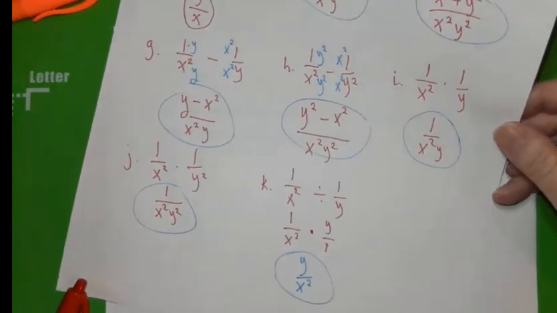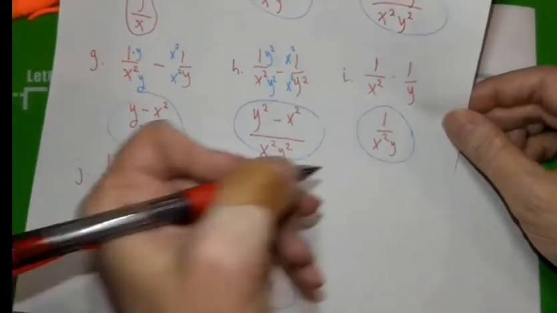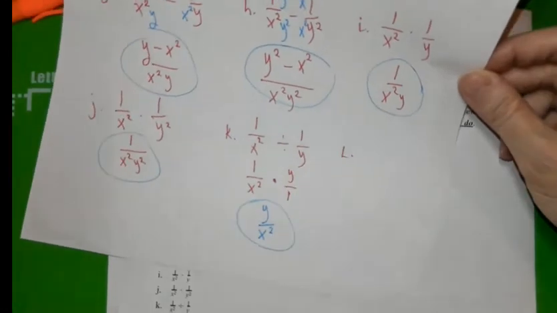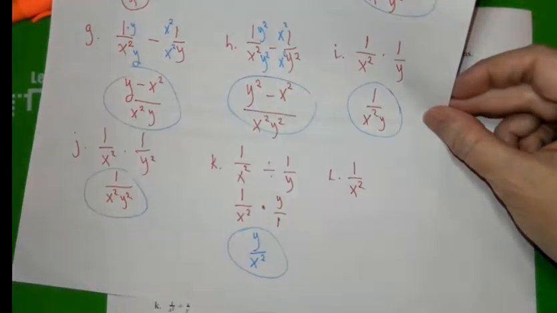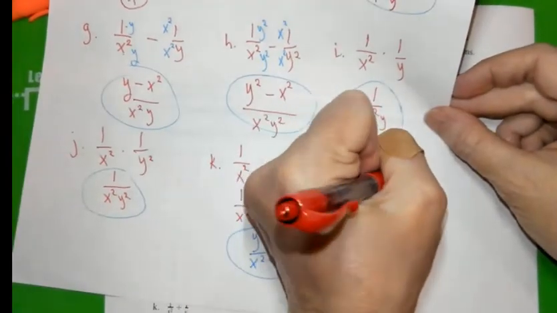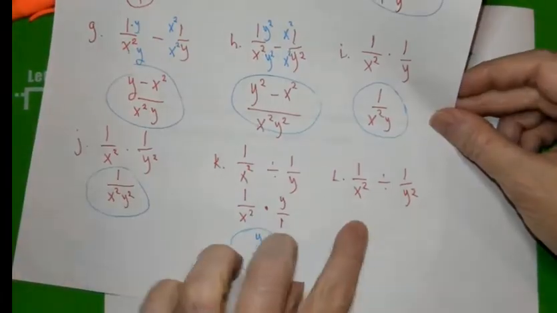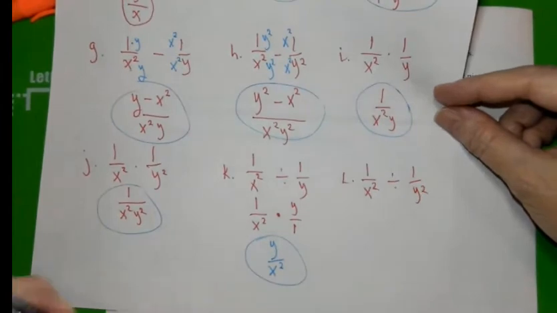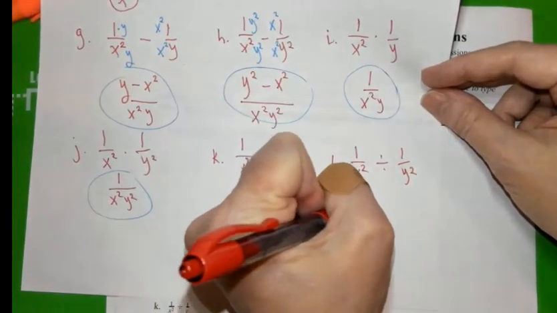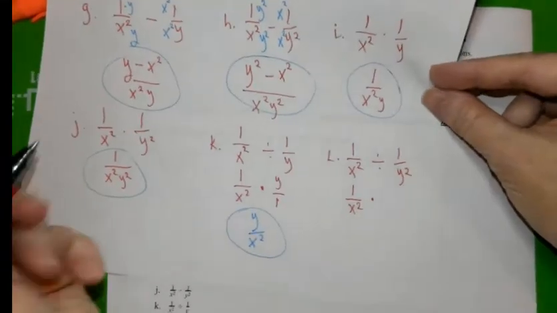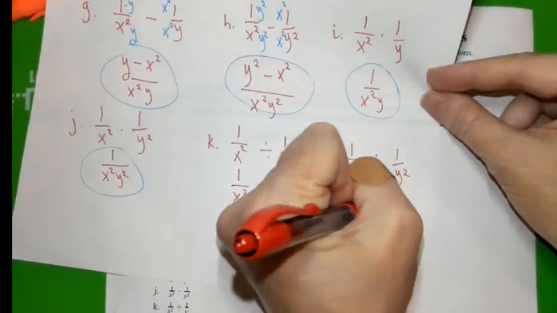And then finally L, the last one, almost there. We have 1 over x squared divided by 1 over y squared. Once again, you're going to multiply by a reciprocal. So we'll get 1 over x squared, that stays the same, times the reciprocal, y squared over 1.